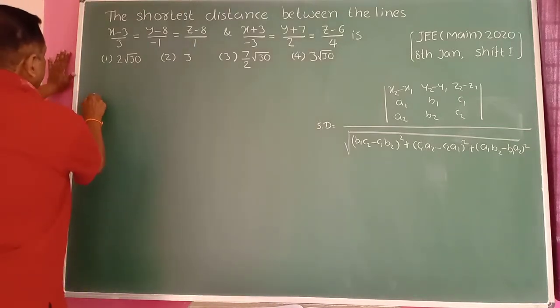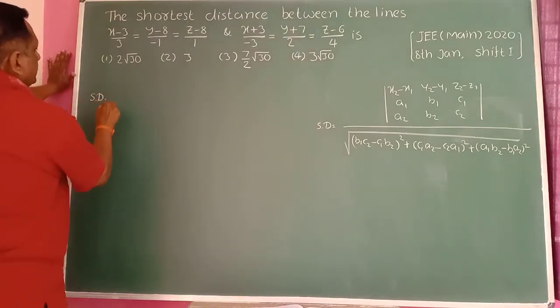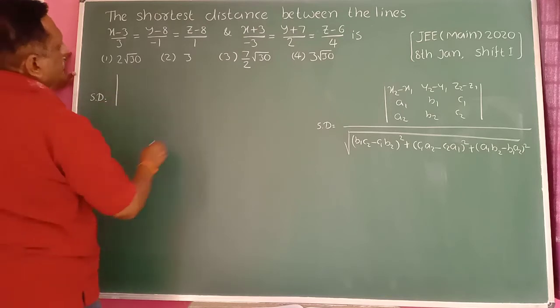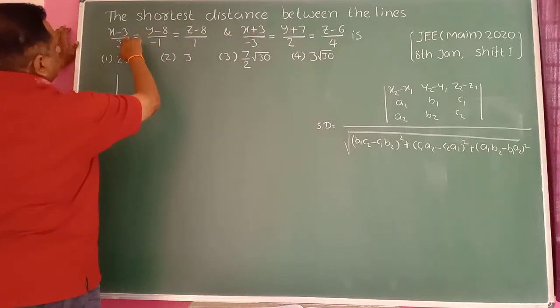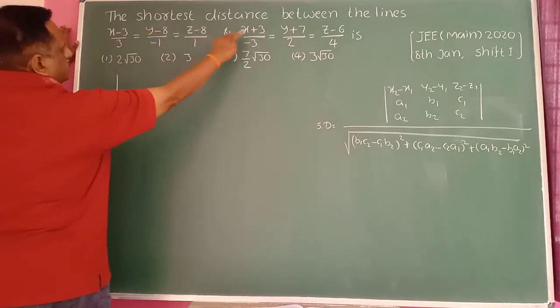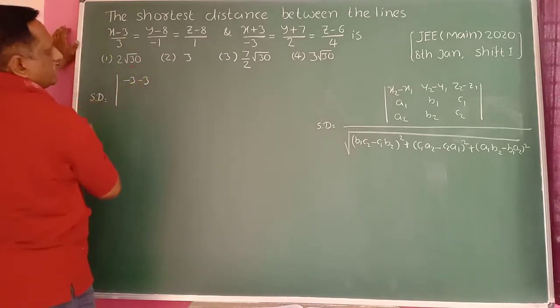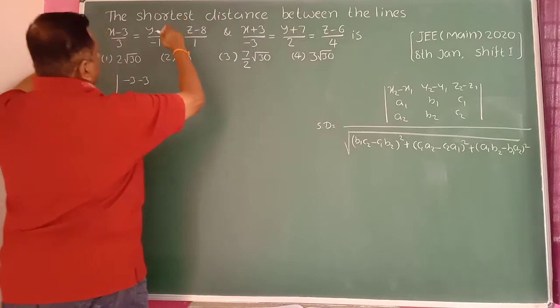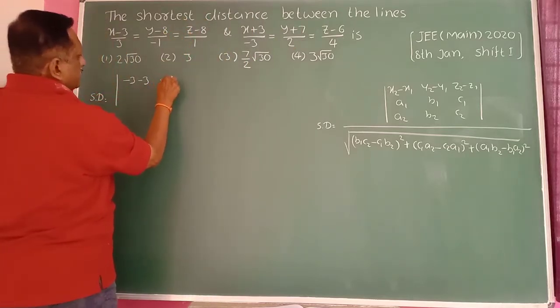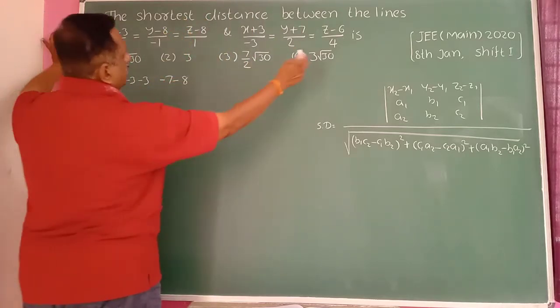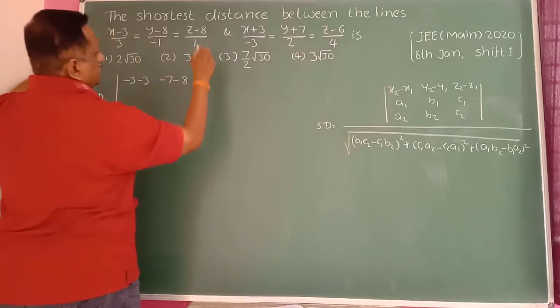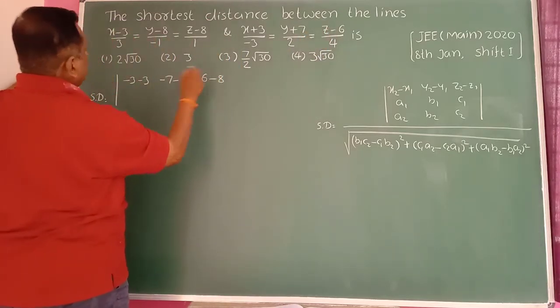Therefore, in this case, the shortest distance is equal to the determinant of: 3 minus of 3 here, minus 3 minus of 3, then minus 7 minus 8, then 6 minus 8.